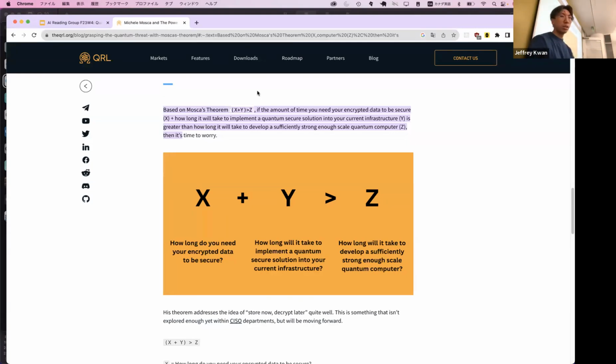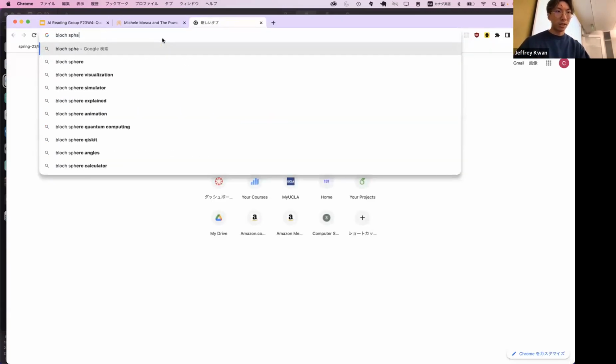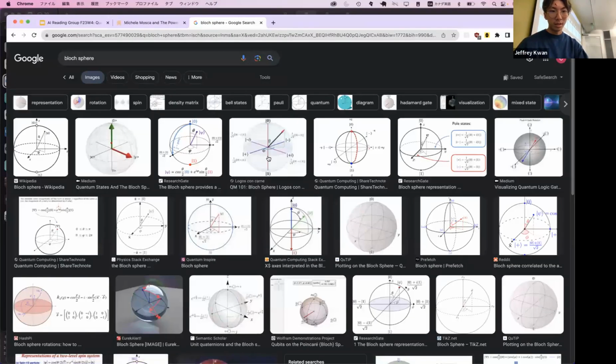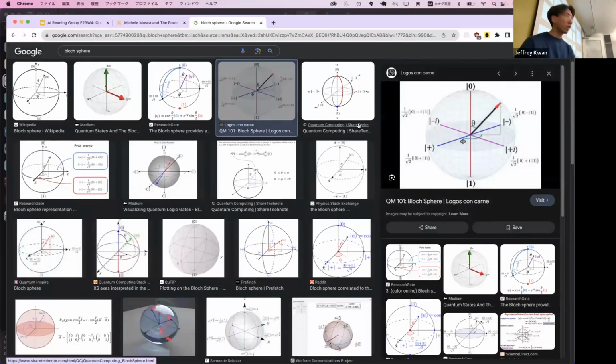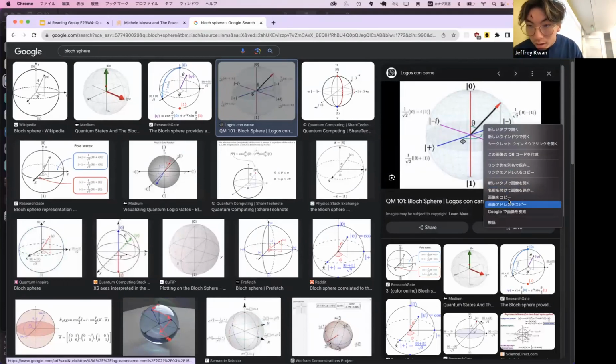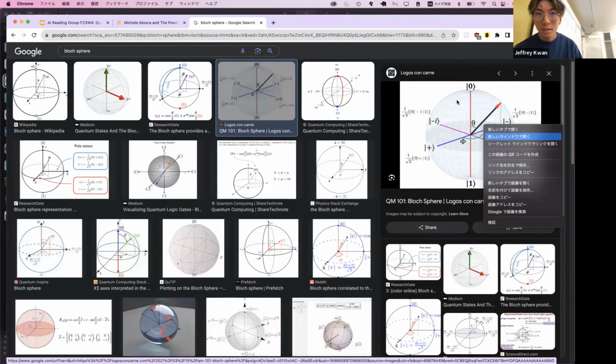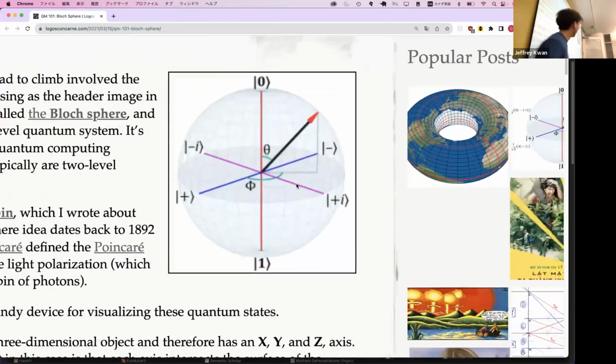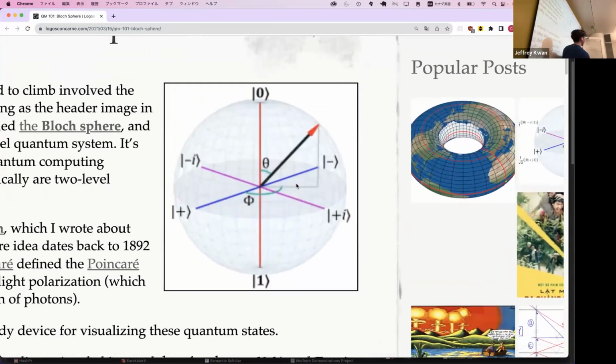Yeah. So you can represent. Actually, let me pull up a picture of a Bloch sphere because I can't draw. You can think of that being a 0 and that being a 1.